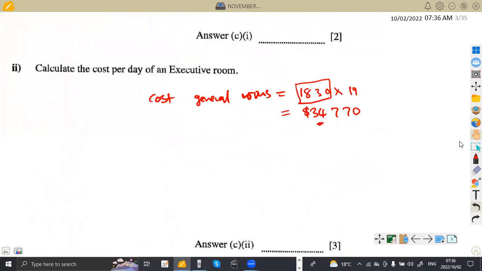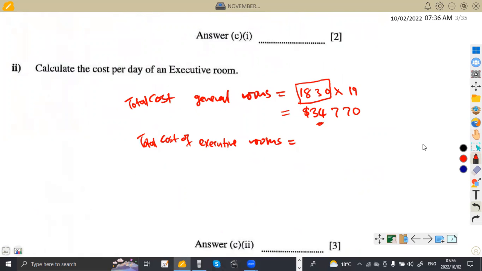So here we are going to have the total cost. This was the total cost actually. So we put the total cost of executive rooms is just going to be the total that we had in terms of money.